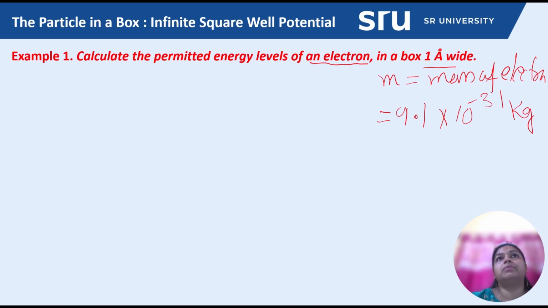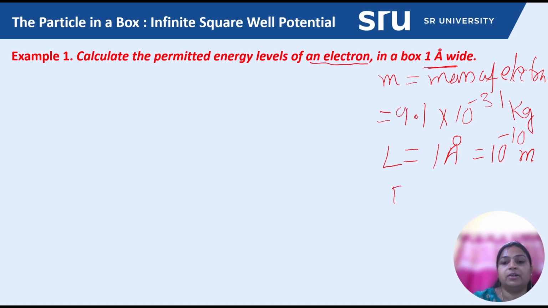The box width given is 1 angstrom, that means L is equal to 1 angstrom, which is 10 power of minus 10 meter. We have to find the permitted energy level, that means En. This is given in the example.